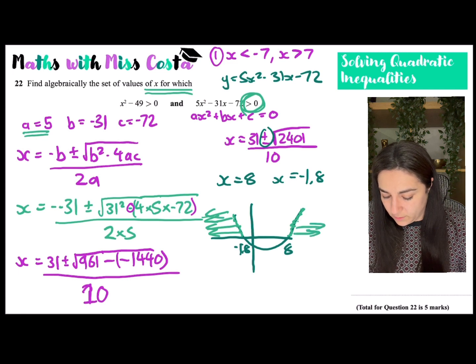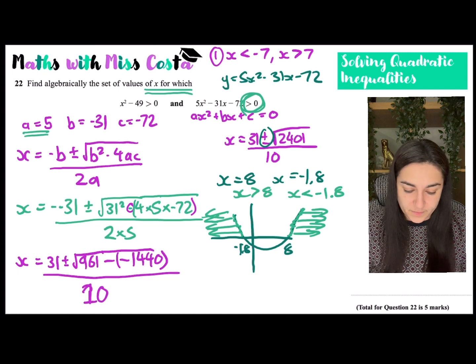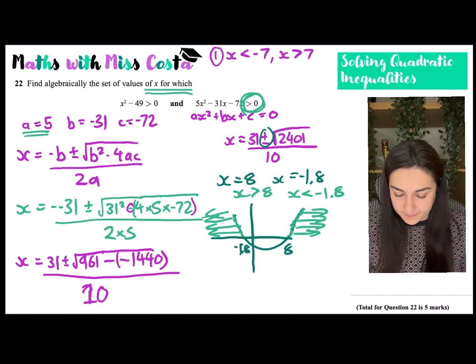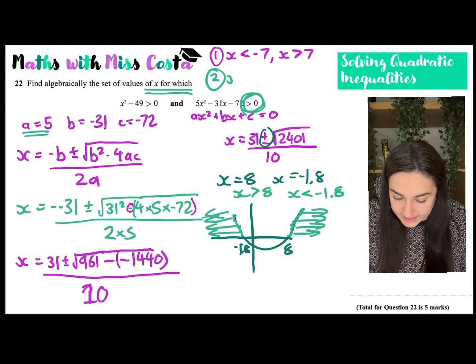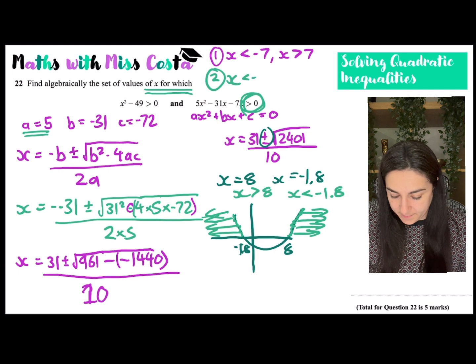So therefore, the solutions to this would be x must be greater than 8 and x must be less than negative 1.8. So for my second graph, in order to satisfy the inequality, x must be less than minus 1.8 and also x must be greater than 8.